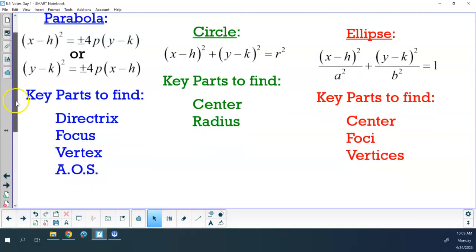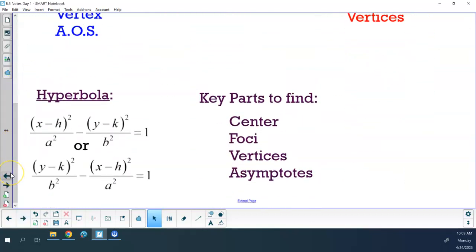And then last week we worked with hyperbolas, if you will, and 2 different forms. Again, we had a left and right opening hyperbola, or an up and down opening hyperbola, and the 7 parts that you had to find for that: center, 2 foci, 2 vertices, 2 asymptotes. So those are the key things that we're going to need to find. And this week, as you can tell by the homework that you grabbed, the front side and the back side kind of coincide.